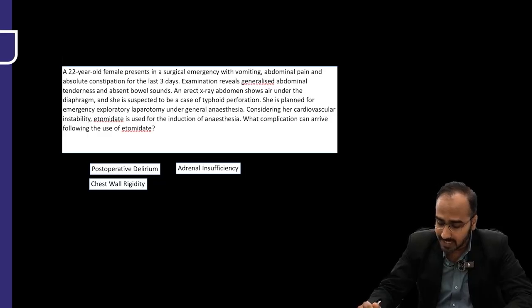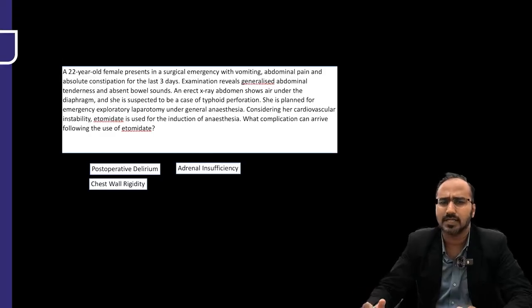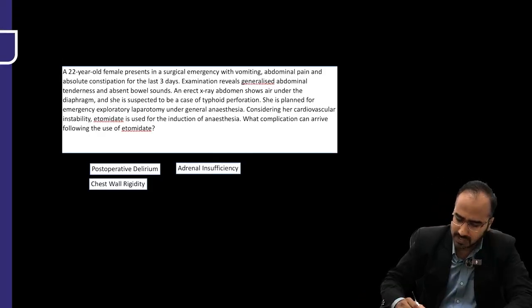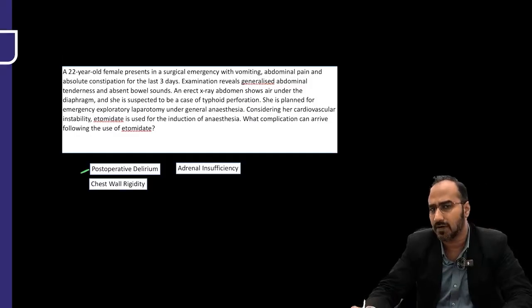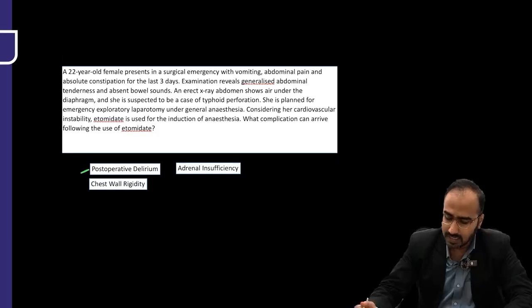What are the complications that can arise following the use of etomidate? So basically, cut short this question. The question is asking you what is the complication of etomidate use? Etomidate use can cause what in the patient? Post-op delirium is not common with etomidate. It is common with either ketamine or sevoflurane. Okay?